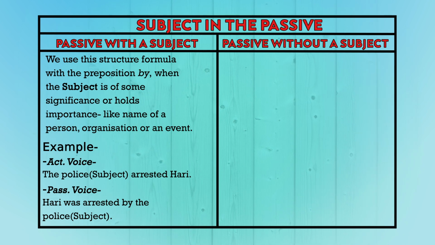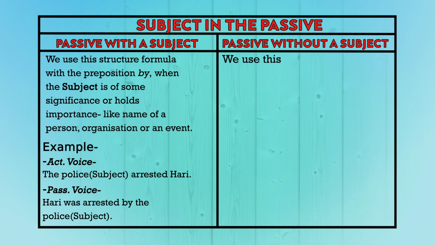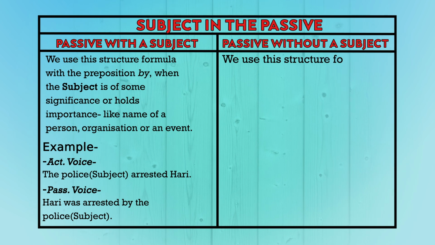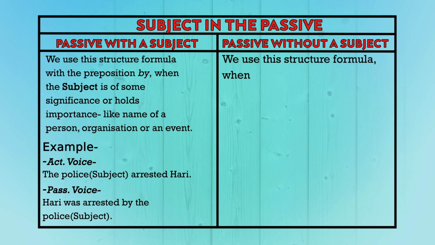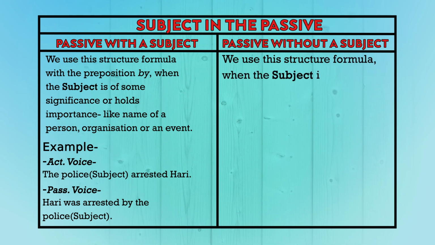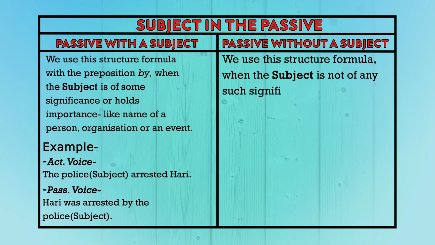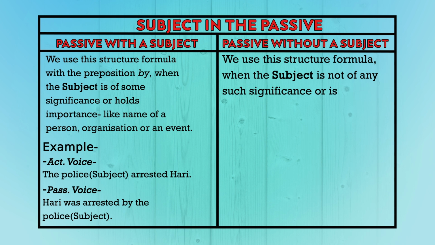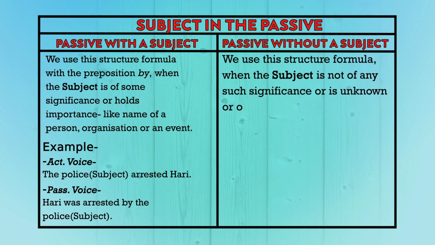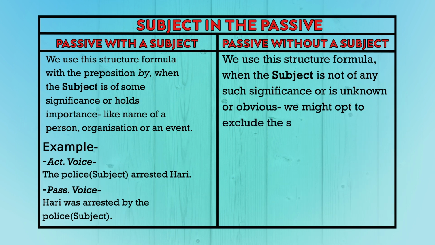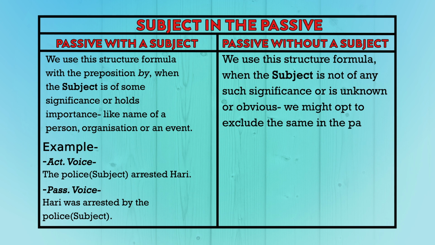Now, passive without a subject, that is when we use the passive form of a sentence without a subject. When the subject is not of any such significance or is unknown or obvious, we might opt to exclude it in the passive.